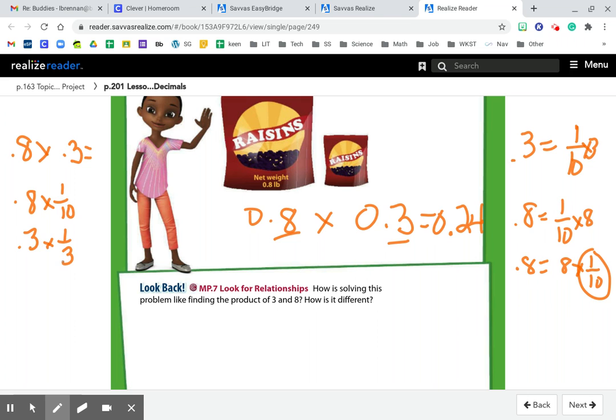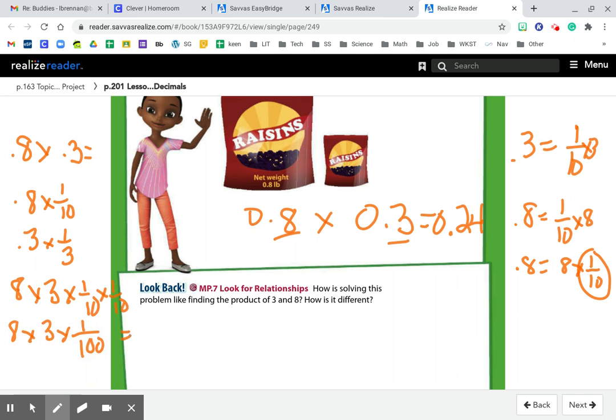So what we can say is 8/10 times 3/10 is kind of like saying 8 times 3 times 1/10 times 1/10, which is the same as 8 times 3 times 1 over 100.